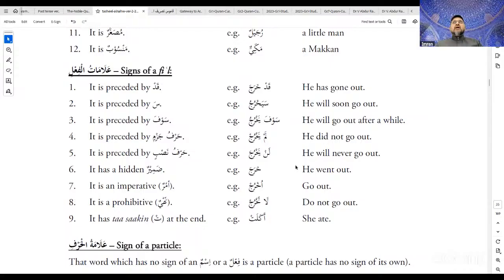So tense. Give me an example of fataha yaftahu. Fataha yaftahu, iftah, to open. Excellent.